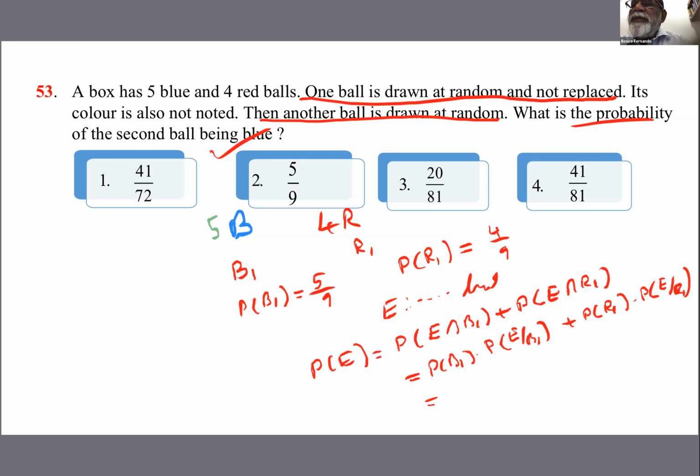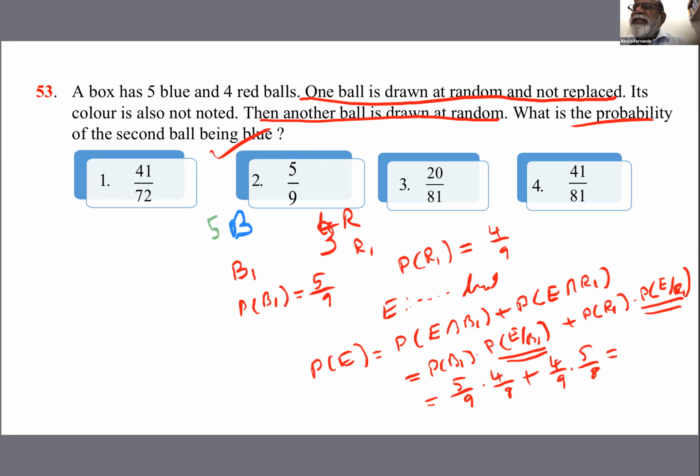So probability of B is 5/9. Probability of getting a blue ball when a blue ball is already drawn, when a blue ball has gone, is only 4 out of 8. Probability of getting a red ball in the first draw is 4/9, and then probability of getting a blue ball in the second draw is 5 out of 8.